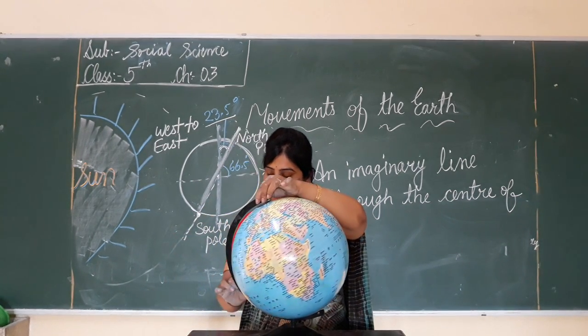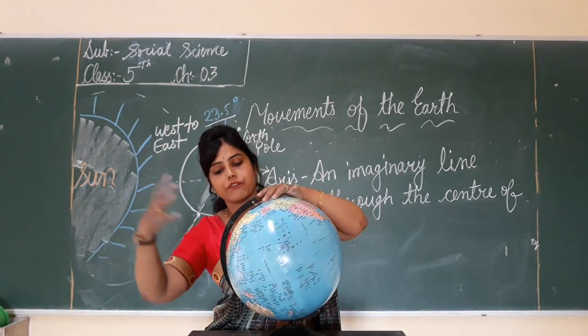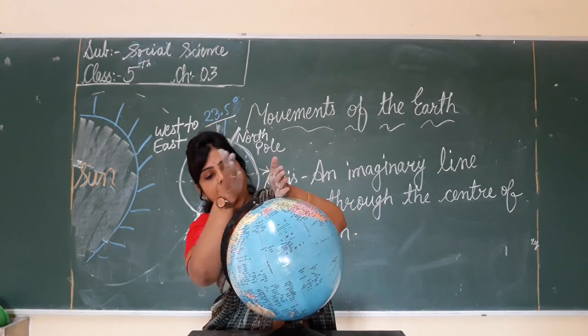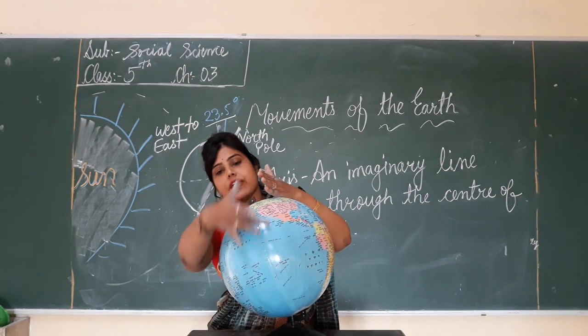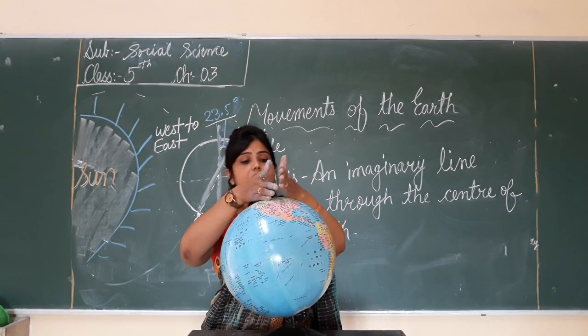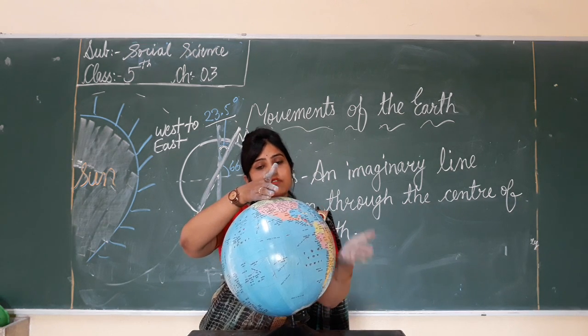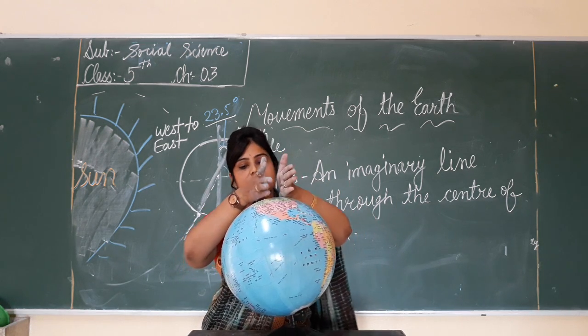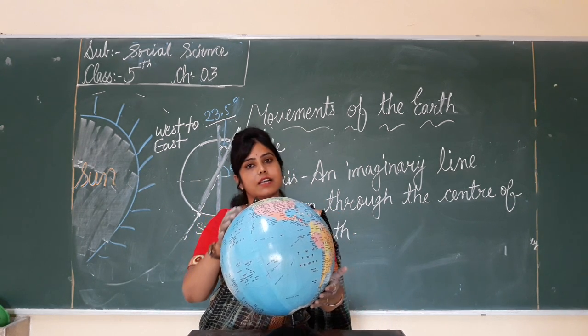Only that half part of the earth faces the sunlight, and on the other half there is darkness. So with the help of rotation, what is caused? Day and night. Clear?